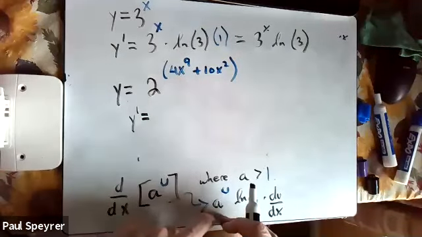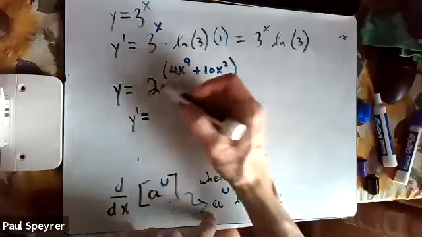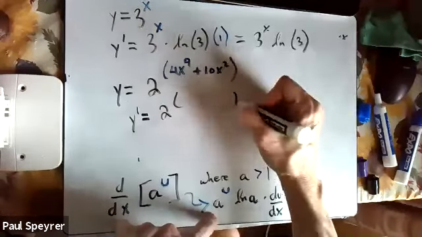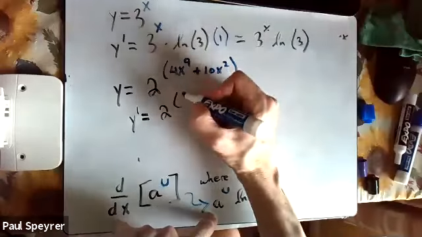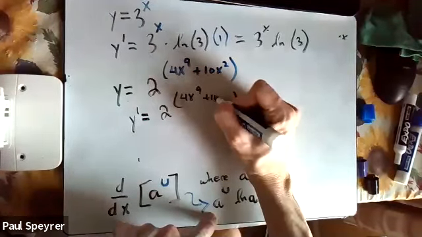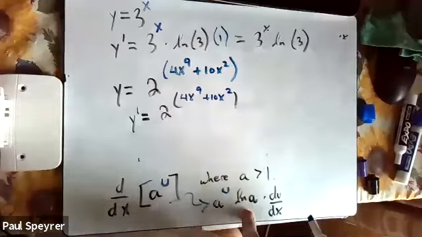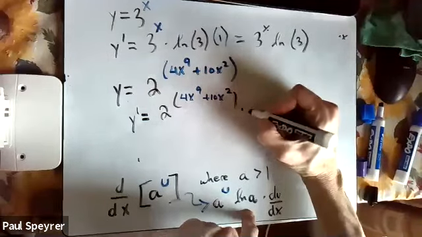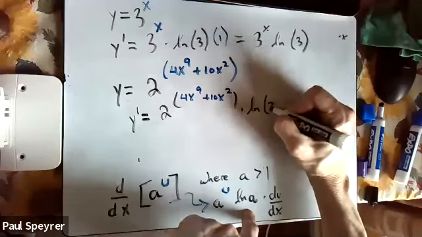So a to the u, right? If we follow this, well, a to the u is the original problem. So 2, and then we still have 4x to the 9th plus 10x squared. What's the next part say? Times natural log of a. In this case, that's natural log of 2.